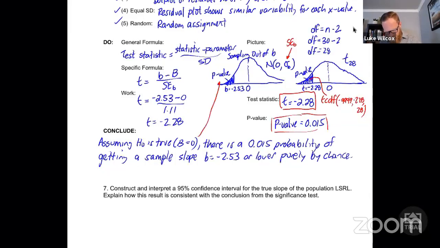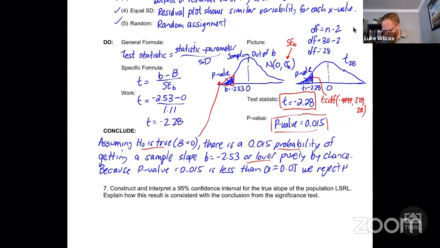It's this area in the curve there, right? So make sure that you have your assuming the null is true, you got your probability, you got your or lower. And then the second sentence, this is probably the one you're more familiar with. This is where we're going to make a decision. Because the p-value, which is 0.015, is less than the significance level alpha of 0.05, we are going to reject the null hypothesis.